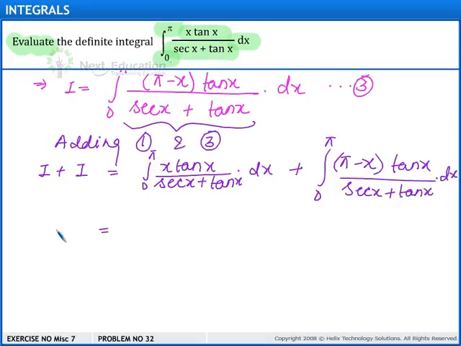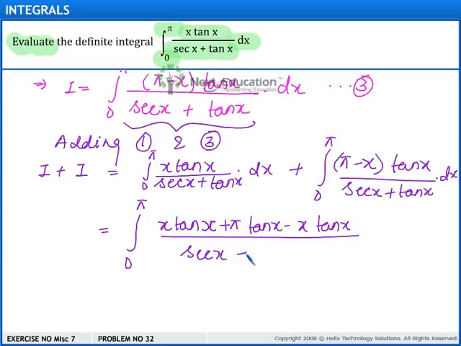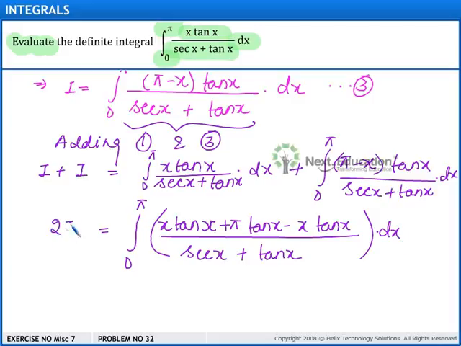So this is further equal to the integral from 0 to pi of (x tan x plus pi tan x minus x tan x) divided by sec x plus tan x into dx, and on the left hand side we get 2I.